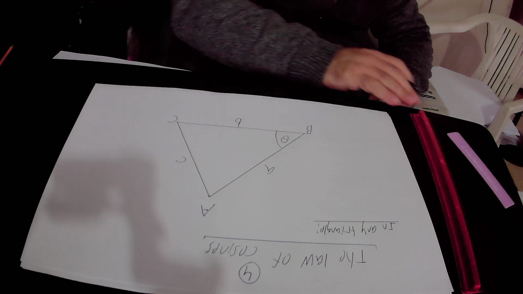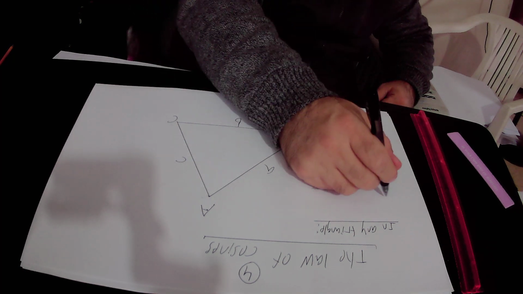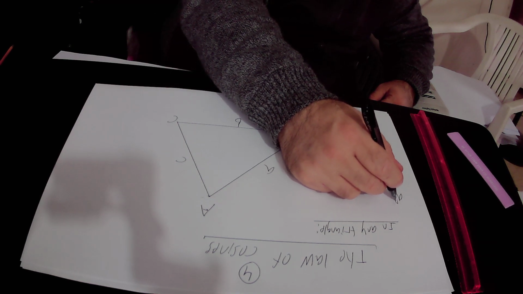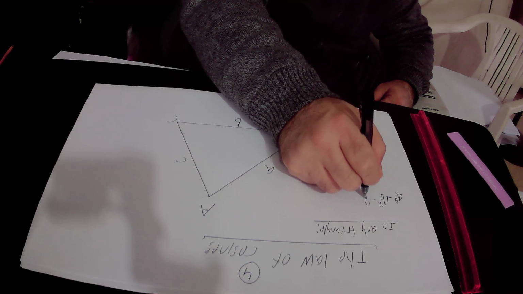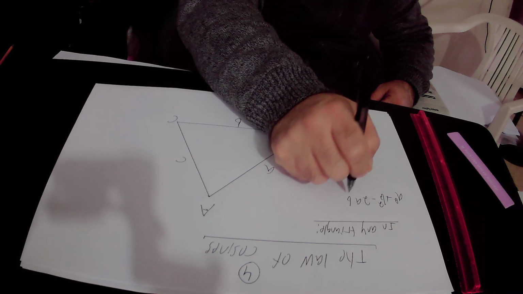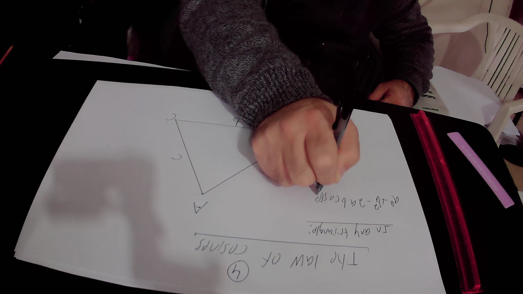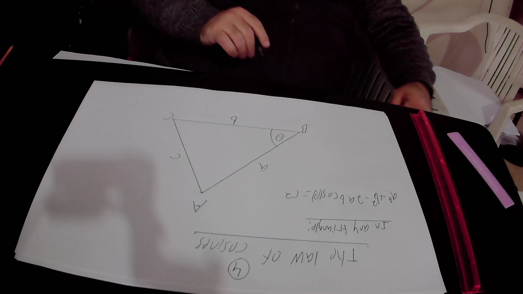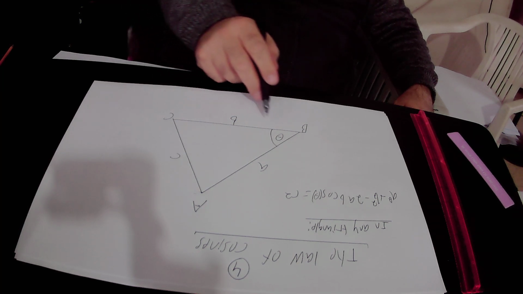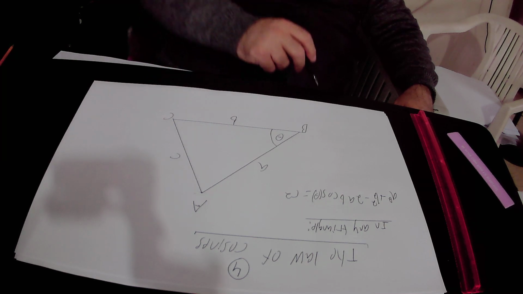Then, according to the law of cosines, A square plus B square minus 2 times A times B times cosine theta equals C square.